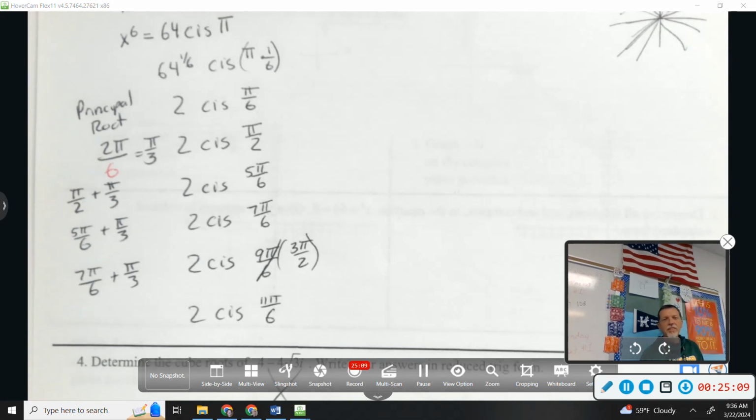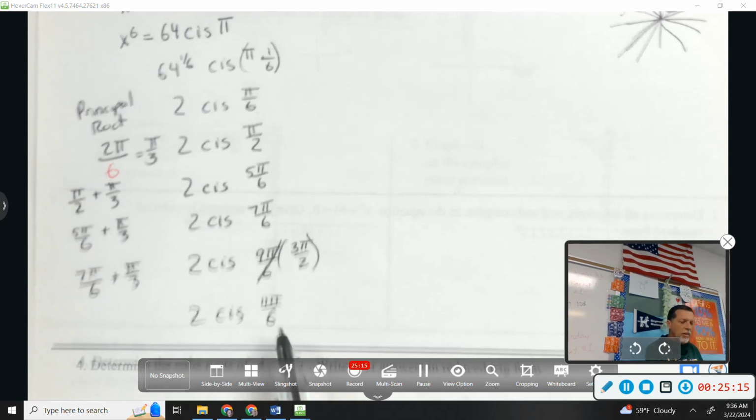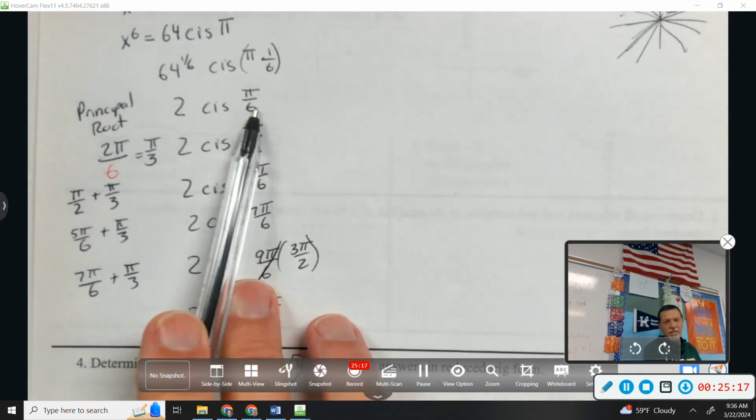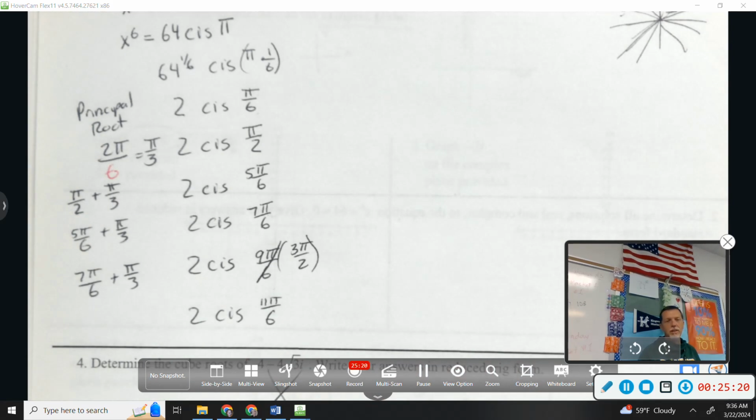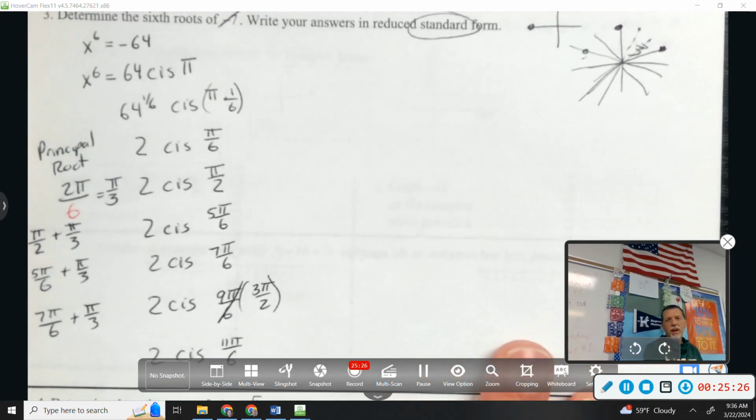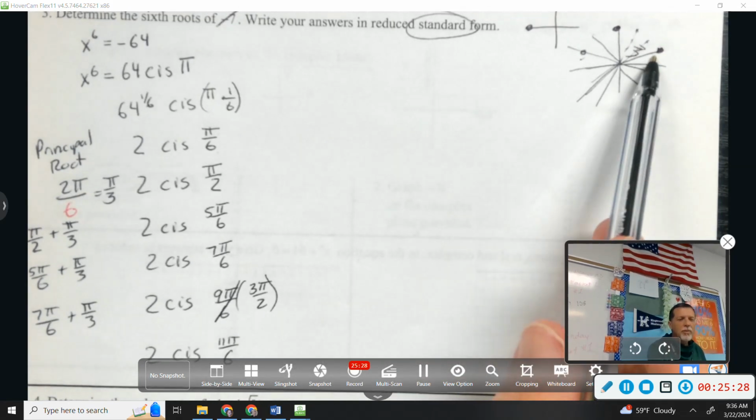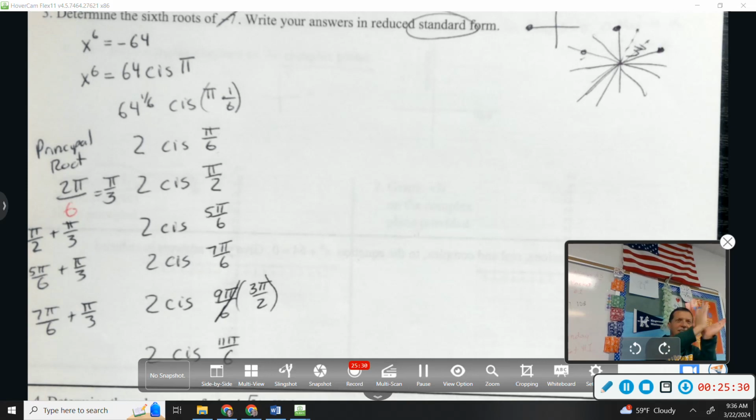So there's my 6 answers. And if I add pi over 3 again, then I'm at 13 pi over 6, but that's the same as pi over 6, and so I've made the full circle. So I guess back to your question. You can do it graphically, but be careful, make sure you're jumping the same amount each time.